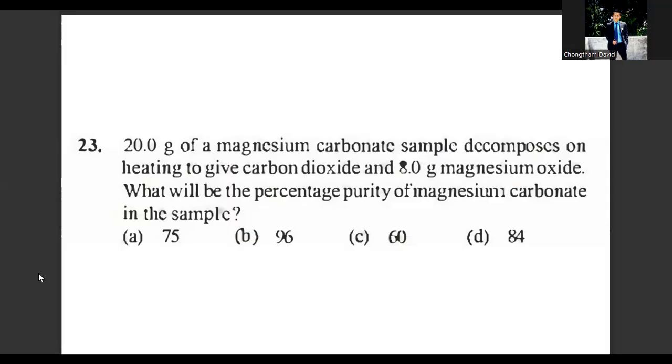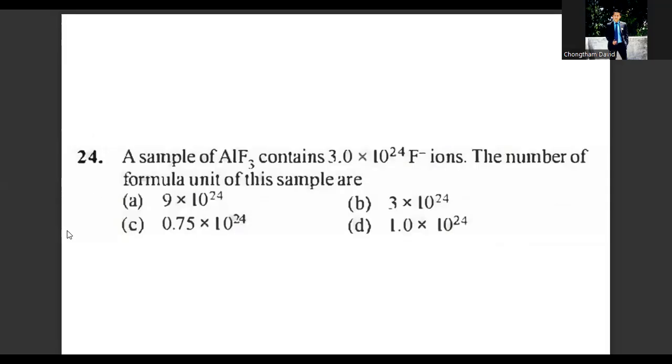So let's say 20 gram of this magnesium carbonate forms about 9.52 gram of magnesium oxide. Since 8 gram of magnesium oxide is formed, the purity can be found by the relation 8 divided by 9.52 into 100, which equals 84 percentage. So 84, sorry, would be the answer.